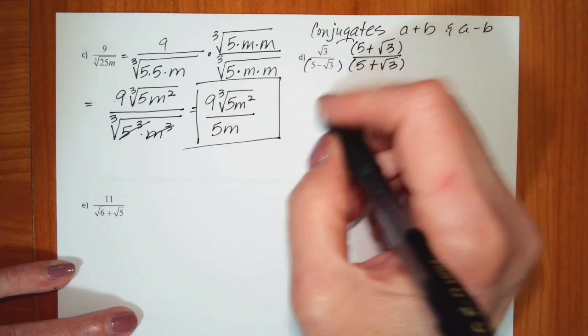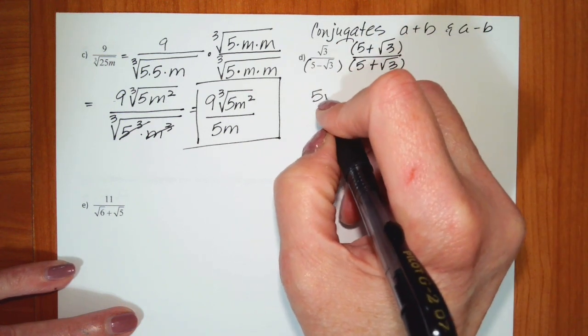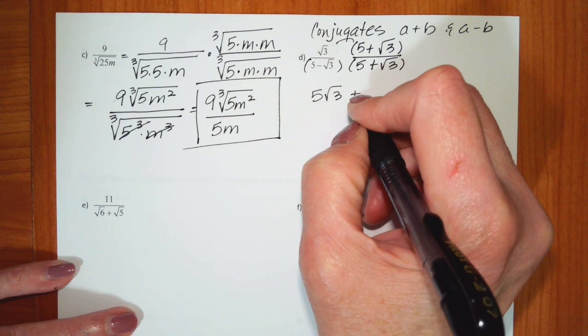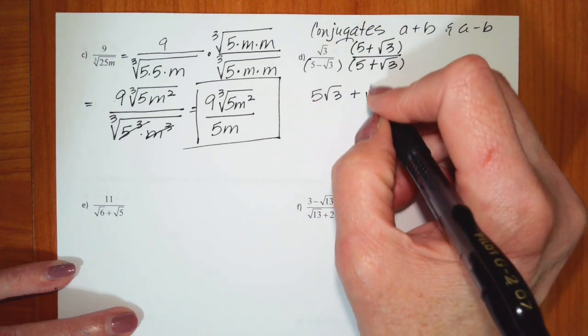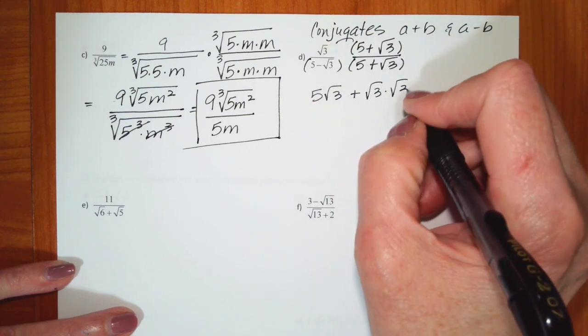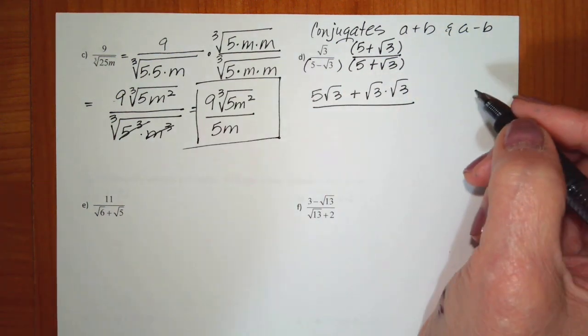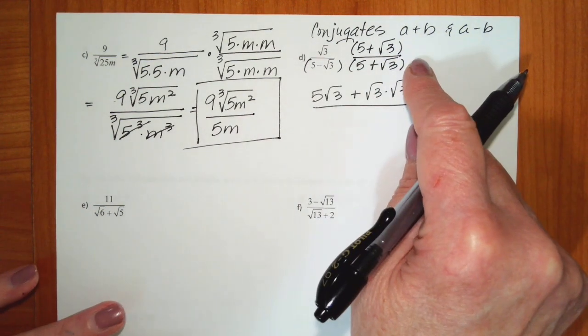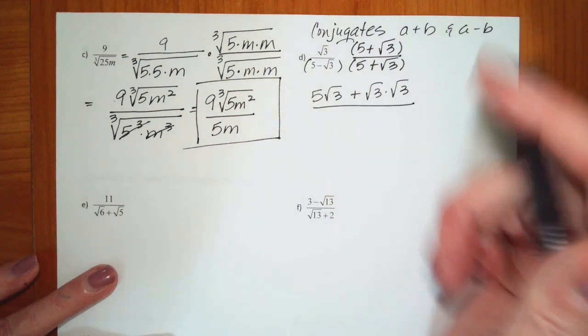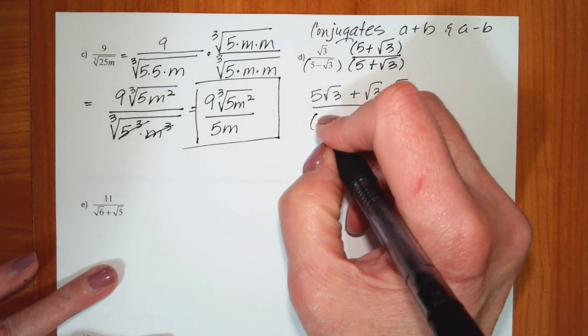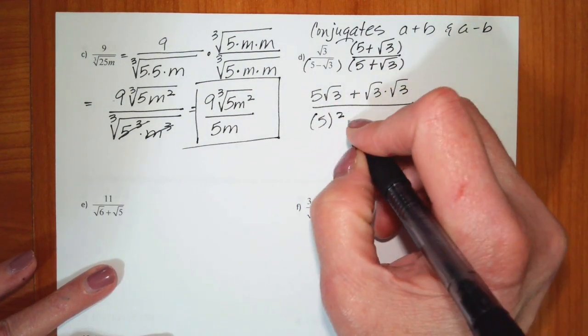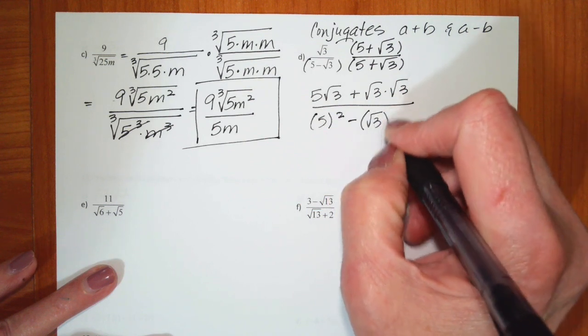So I'm going to distribute here. This becomes 5 times the square root of 3 plus the square root of 3 times the square root of 3, divided by, and this is where it's important to know this difference of squares pattern, 5 squared minus the square root of 3 squared.